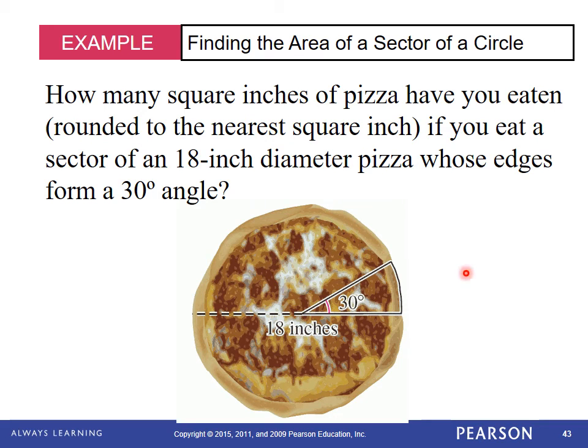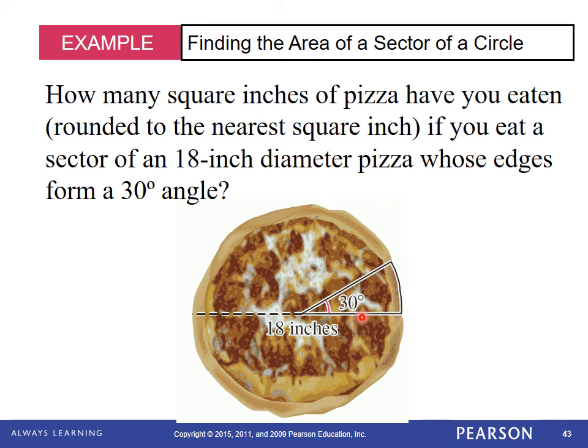As an example, here's a little example from the textbook here. So it says how many square inches of a pizza if you eat a section of an 18-inch diameter pizza whose edges form a 30-degree angle. So don't forget this is a diameter, right? So then you got a radius here.